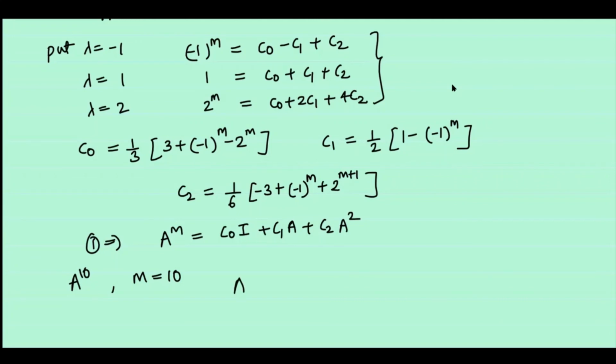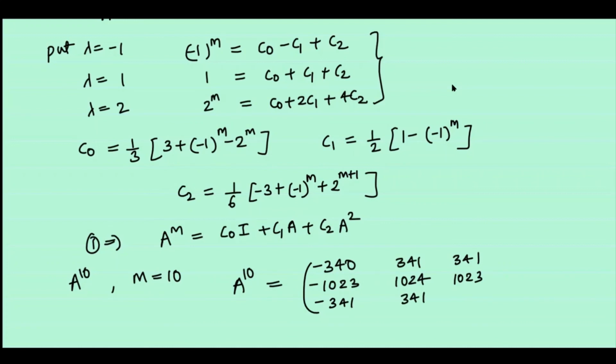So we will get A raised to 10 as [-340 341 341; -1023 1024 1023; -341 341 342]. So we can see that using this formula, it is very easy to compute any power of A.